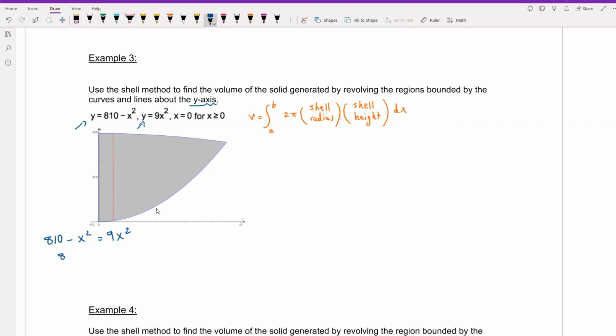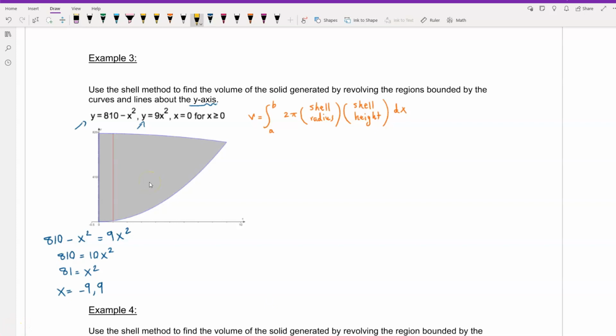We have 810 equal to 10x squared. Simplify, and here we have 81 equal to x squared. That means our answer for x is -9 and +9. So the curves intersect when x is -9 and +9.